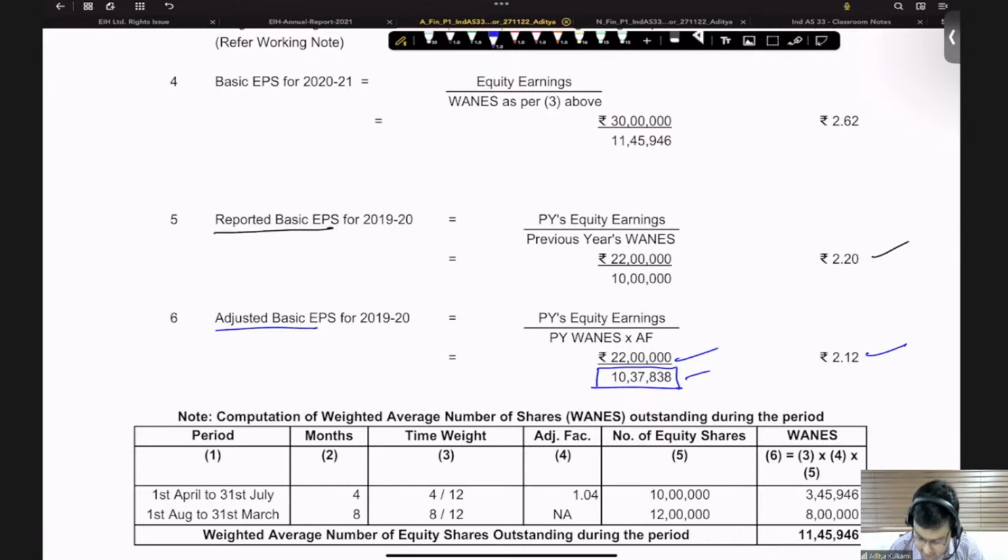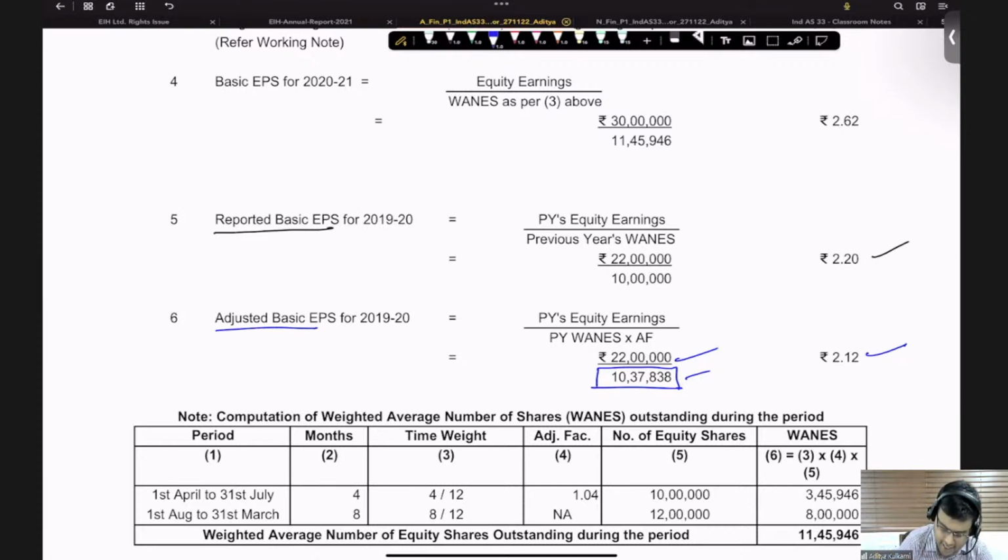Have you understood that? Yes. Okay, Soham has confirmed, Vishal has confirmed, Manini, Srishti, everything is clear.